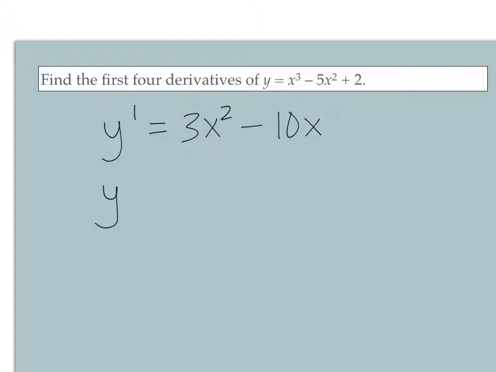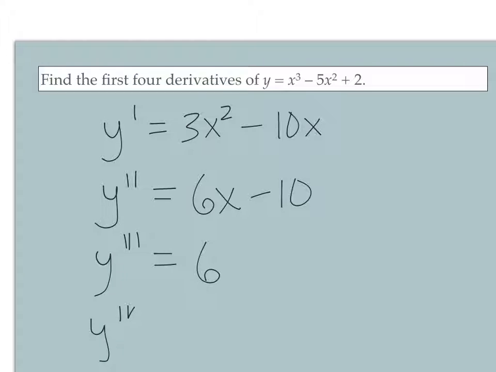So y double prime is 6x minus 10. Y triple prime is 6, and the fourth derivative of y would be 0. Okay? And so they get easier as you go down.